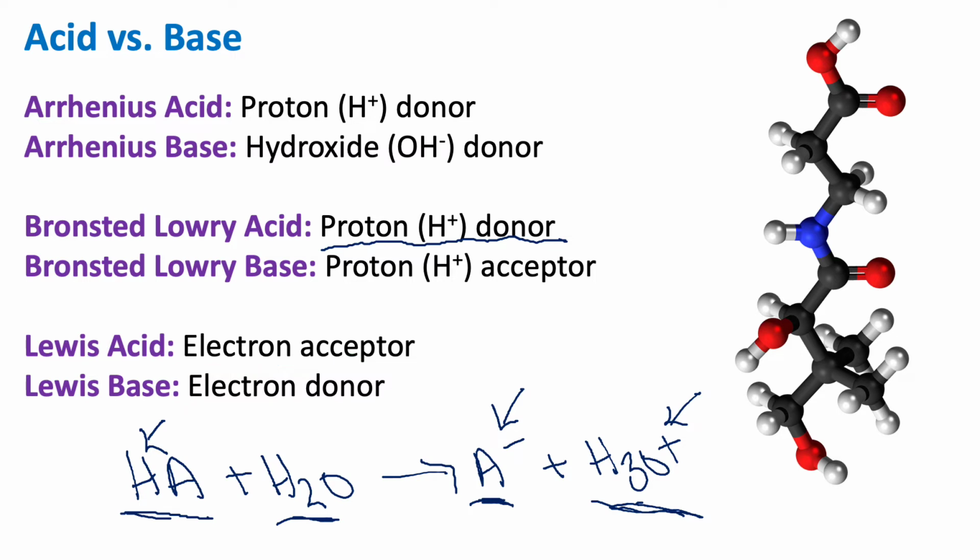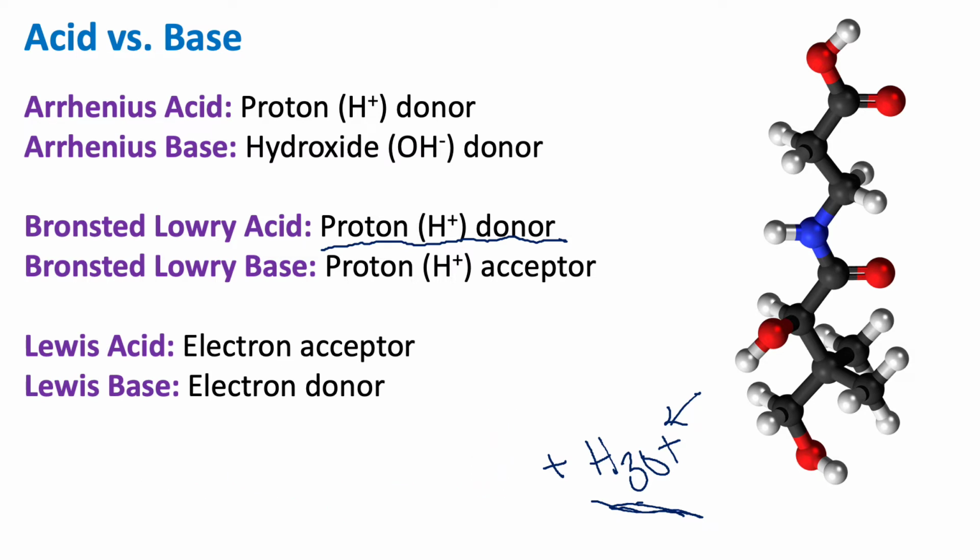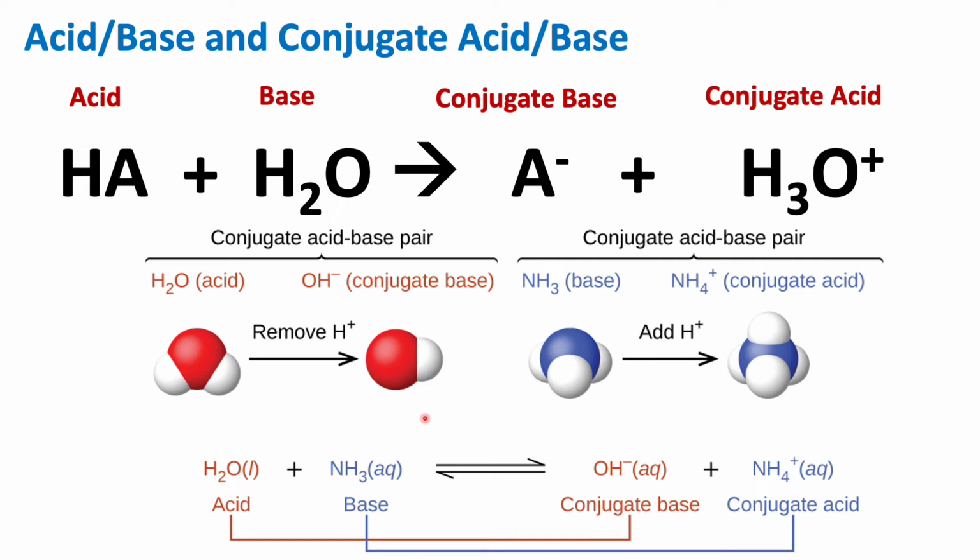So these are the three definitions that we have to understand, and the most common one that we see in acid-base chemistry is the Bronsted-Lowry acid and base. Now moving on to over here, we see this equation once again, where we have our general acid with the proton, because remember, acids are proton donors. Then we have this acid combining in water, and we get the products A- and H3O+.